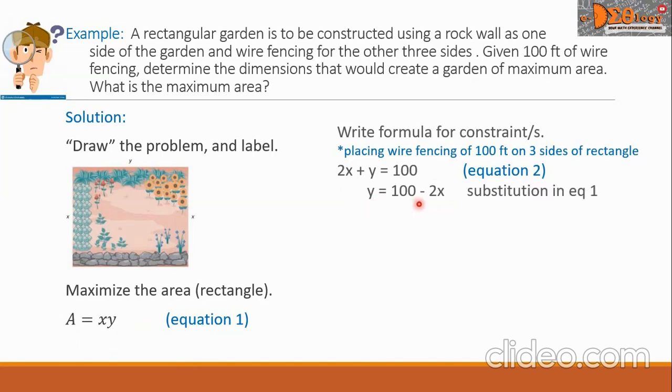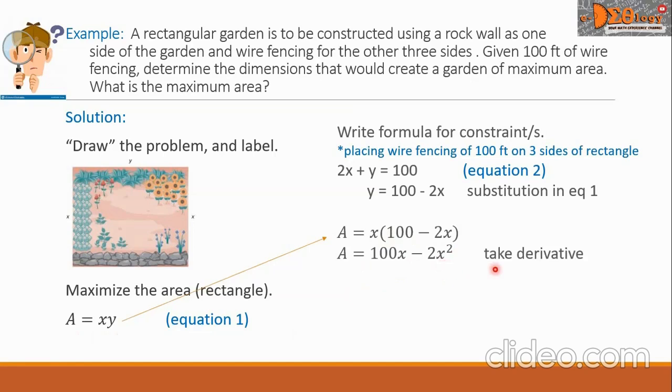And from here, we will substitute this y in terms of the variable x in equation 1. So the area formula will be A equals x times y, but the y becomes 100 minus 2x. Simplifying the right side, we have now 100x minus 2x squared. We have now the right side of equation 1 to be in terms of x only.